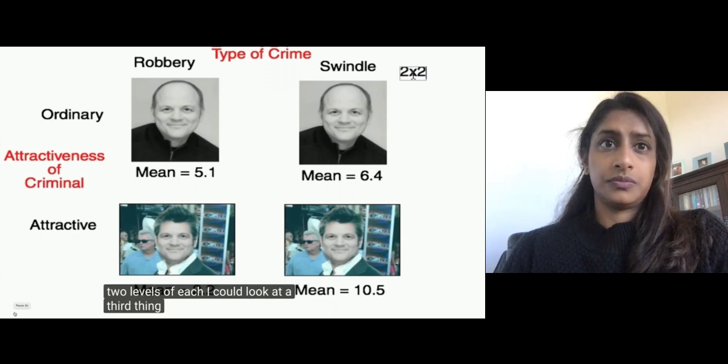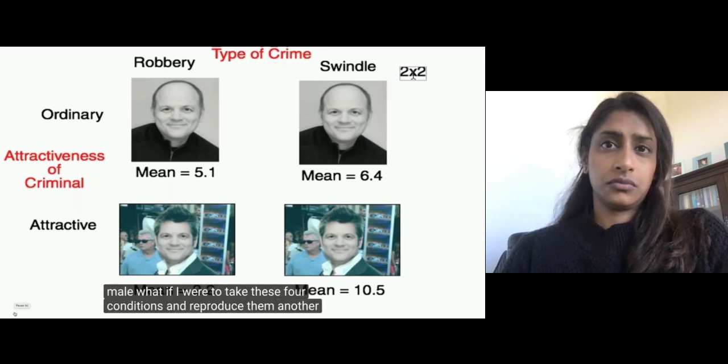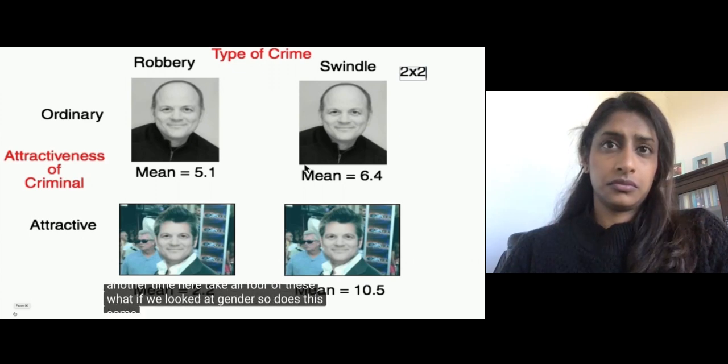I could look at a third thing. For example, these are all pictures of myself. These are obviously the gender here is male. What if I were to take these 4 conditions and reproduce them another time here? Take all 4 of these. What if we looked at gender? So does this same pattern occur if the robber or the swindler is female?